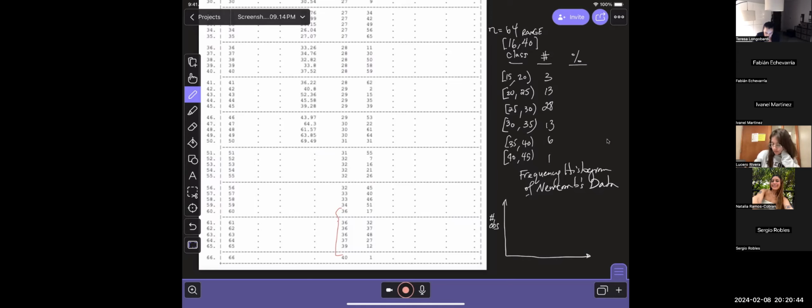And here you put the variable. The variable is, I guess we're going to call it time, right? Nanoseconds. And then I start from 0 if I can. If the data starts further up, you have to indicate that. So I'm going to put 5, 10, 15, 20, 25, 30, 35, 40, 45. That's enough.